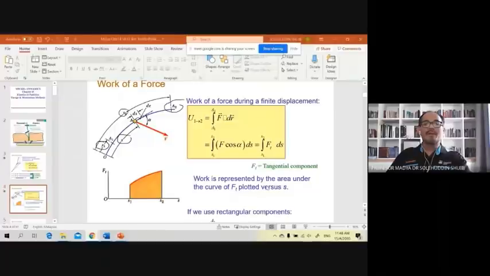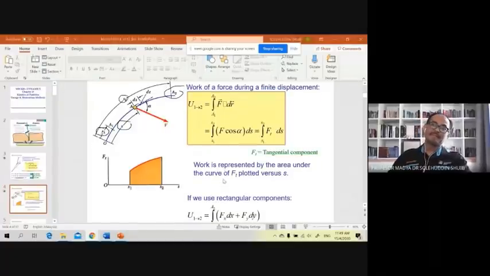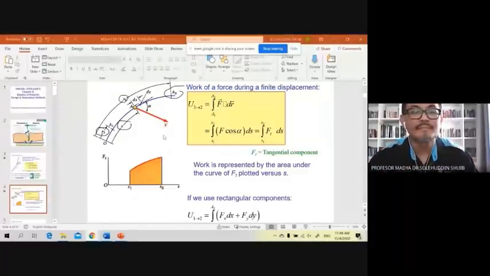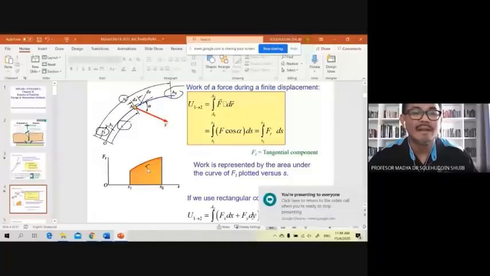So if you want to plot work done by using the graph, work done is the area under the curve of F tangential plotted versus S. So we plot the graph, F tangential versus S. So work done is the area under the curve, the one that has been shaded here, right?